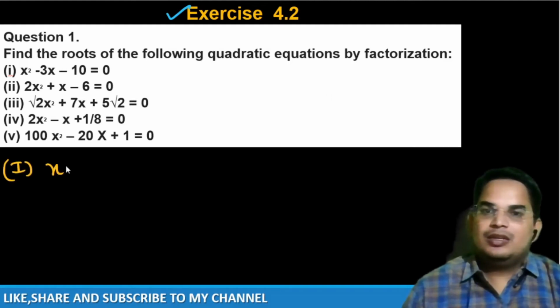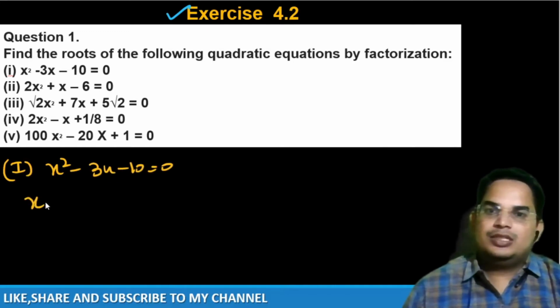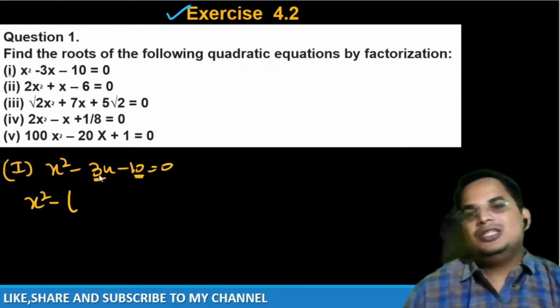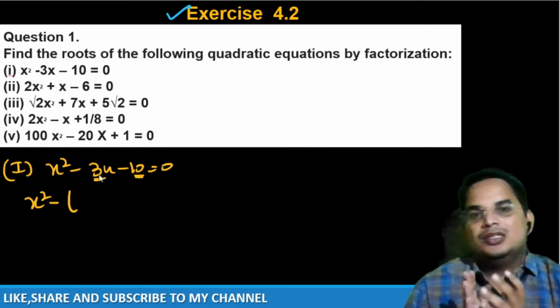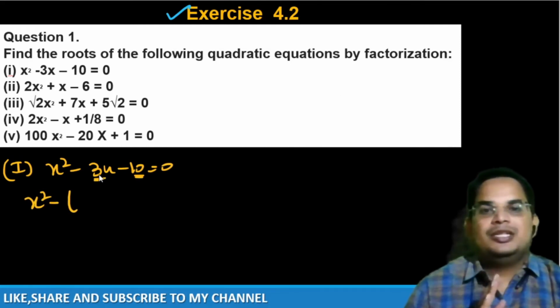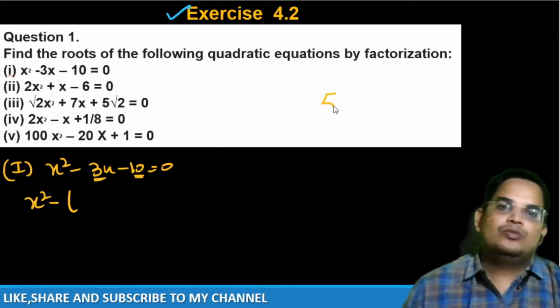What is given here? x square minus 3x minus 10 is equal to 0. So this is x square minus 3x minus 10. I have to split 3 in such a way that the subtraction of two numbers will be 3 and the product of these two numbers will be 10. So 5 minus 2 becomes 3 and 5 into 2 becomes 10.